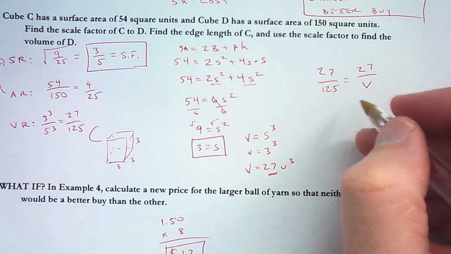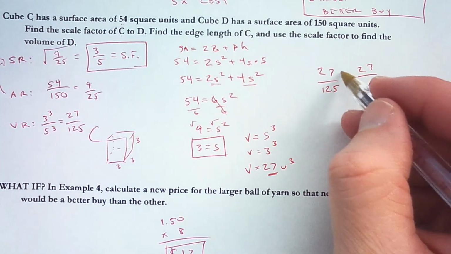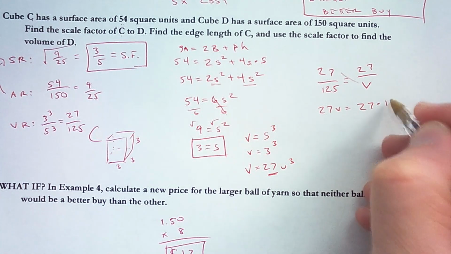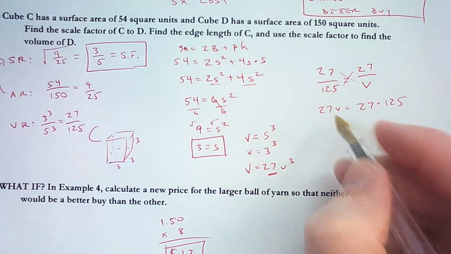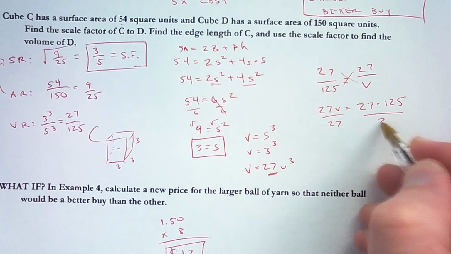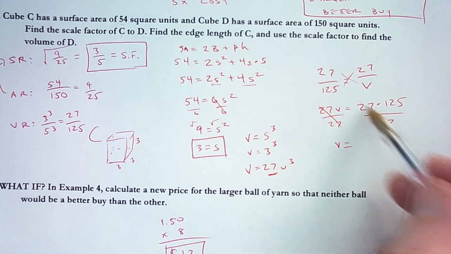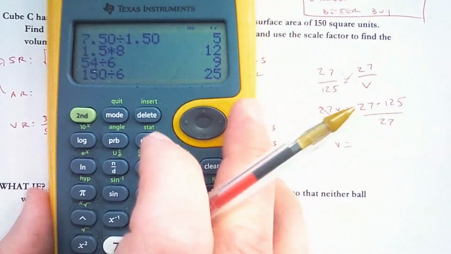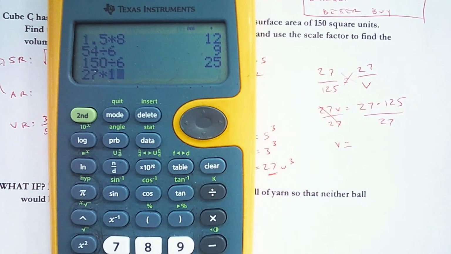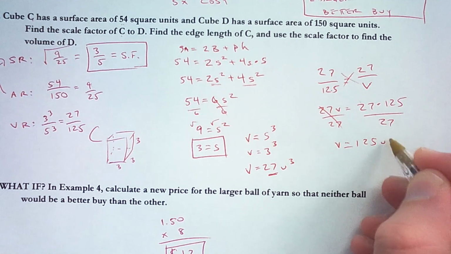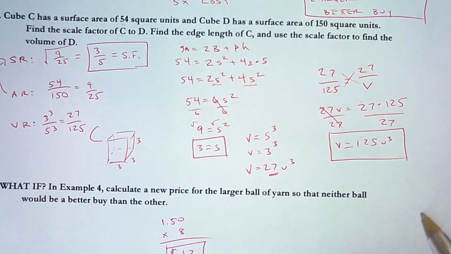Well, we better get 125. But if we don't recognize that, we'll do our cross products. 27V equals 27 times 125. So those are our cross products. And divide by 27. Okay, once again, there's a shortcut here because I can just cancel out these 27s. Okay, but what if I don't see that? 27 times 125 divided by 27 is 125. 125 units cubed is the volume of cube D.